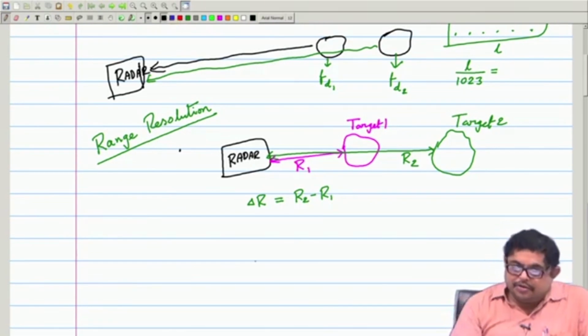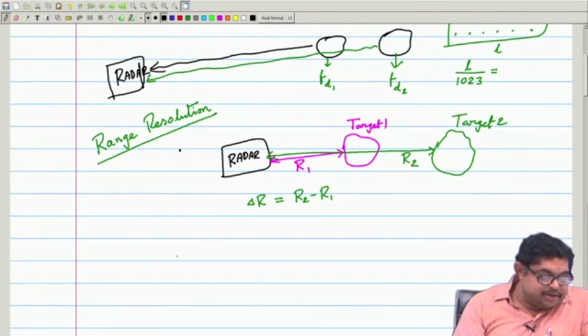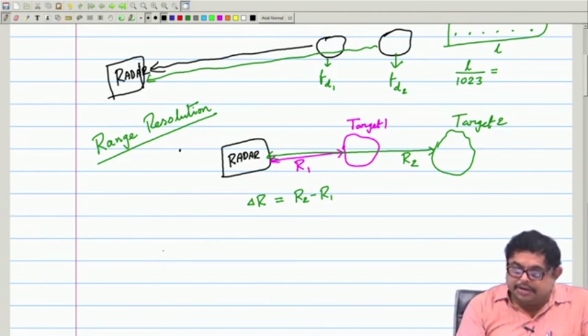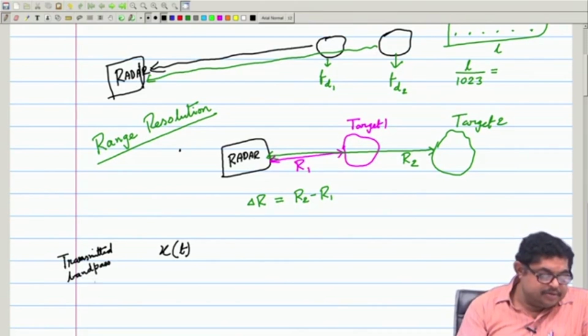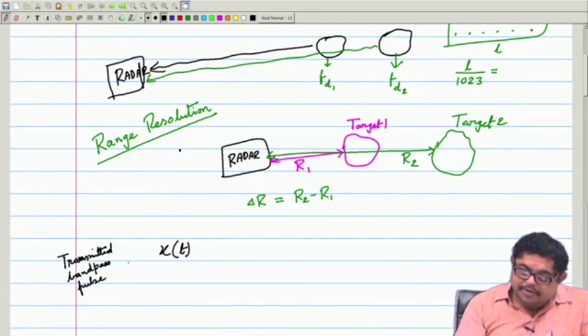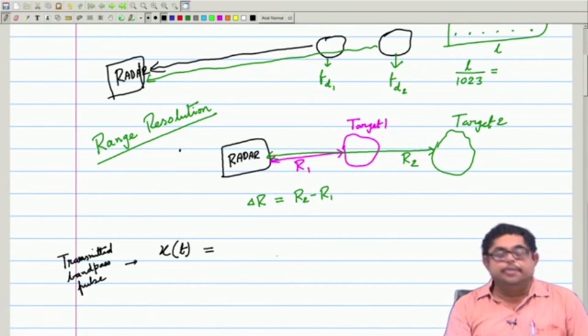we are going back to our pulse radar and saying that the radar transmitted band pass pulse is, we know that it is a carrier modulated thing.